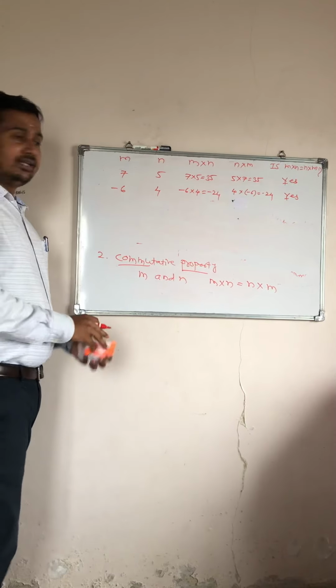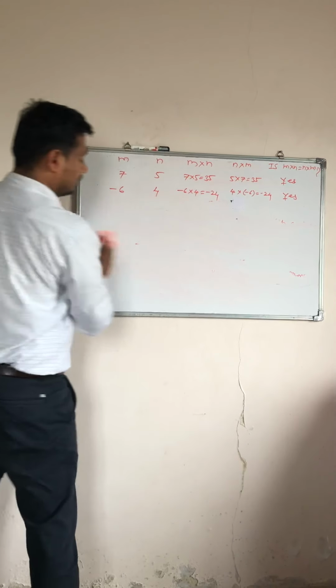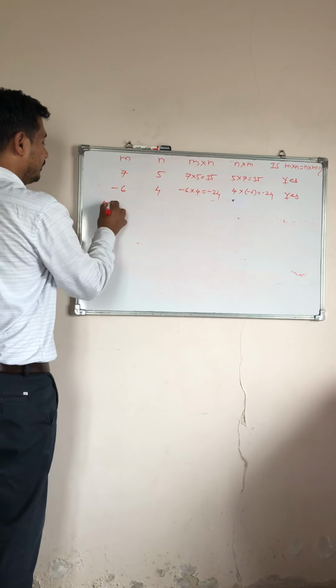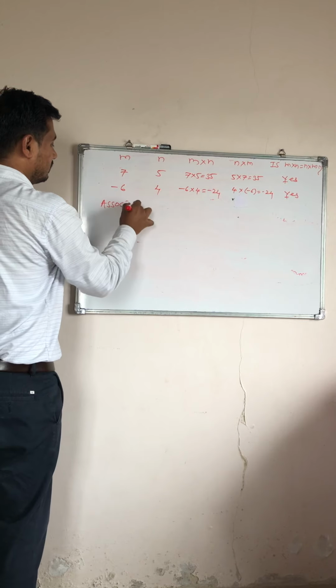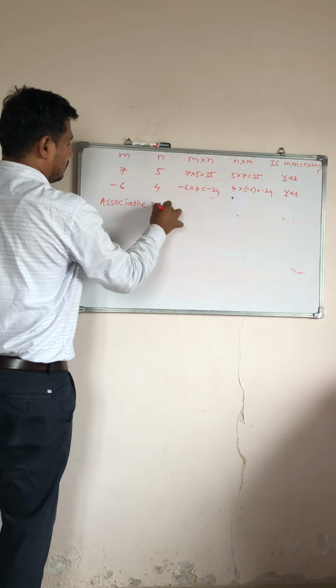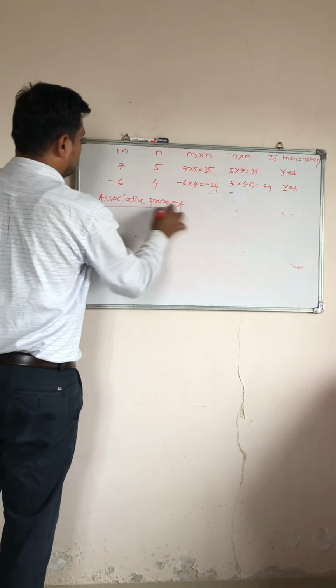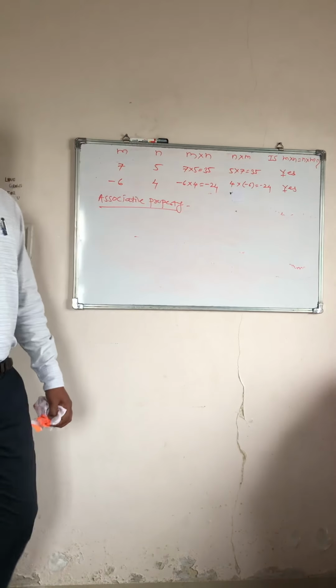Now the third property is the associative property. Very important property.